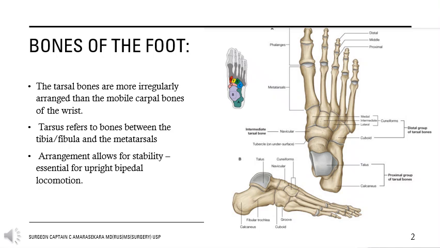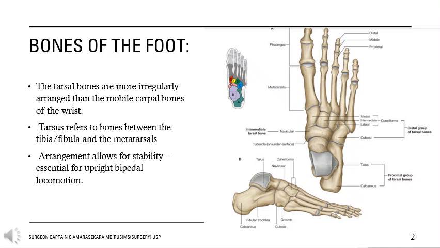Let's now examine the skeletal framework of the foot. This slide presents both lateral and dorsal views. This helps us to understand the spatial arrangement of bones that support upright posture and dynamic movements. The tarsal bone arrangement is unlike the mobile carpal bones of the wrist.